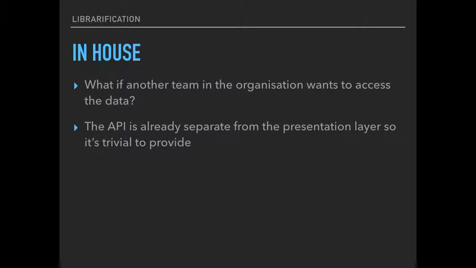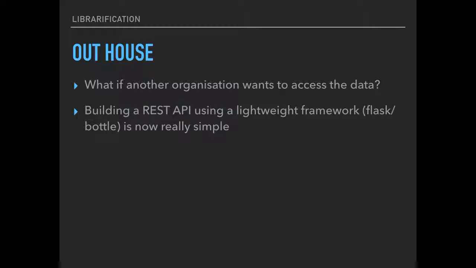So another advantage of doing it like this is that it's easy to create libraries from your code because everything's already separate. So let's say that another team in our organization wants to access our data. Well, your library's already separate, so it's trivial to provide that without giving your whole presentation layer. What if another organization wants to access our data?